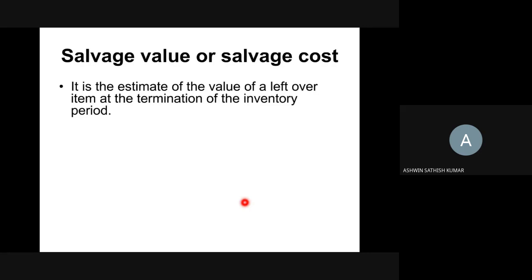So that kind of situation can occur. If you have a newspaper business and you are not able to sell today's newspaper by today, then for the next day it is garbage. So you have to sell that newspaper by the kg in a lesser amount.